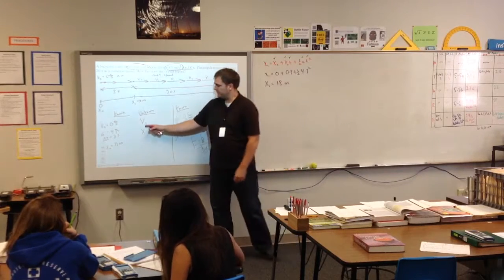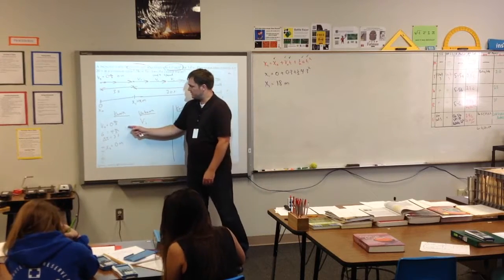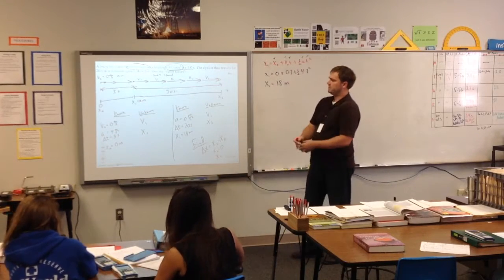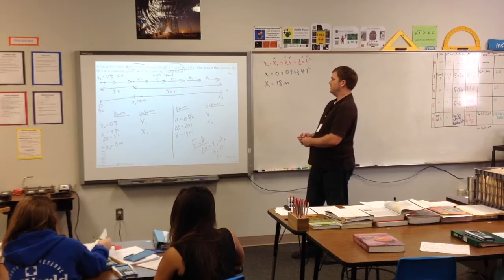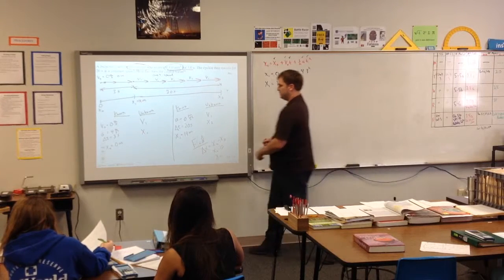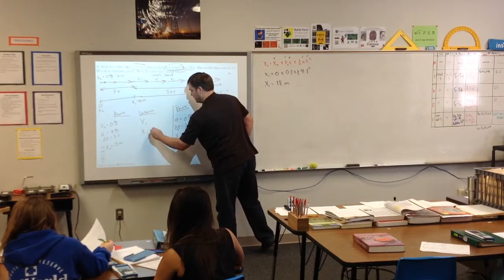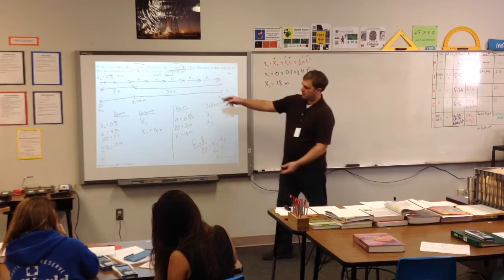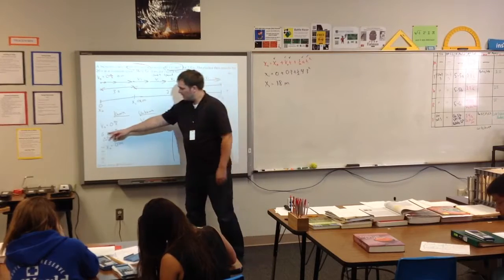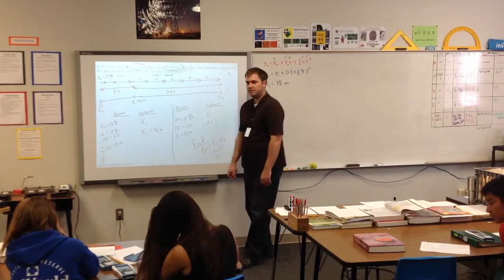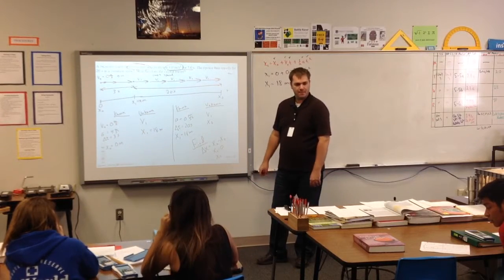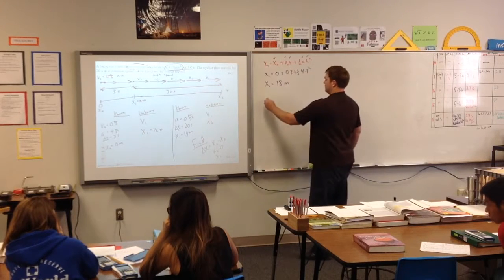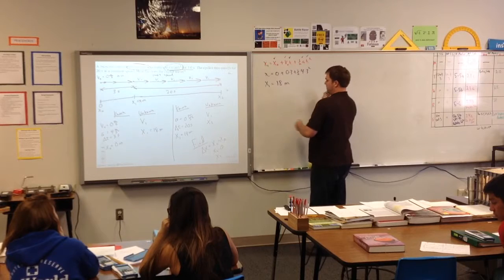So let's go back and see what's the final velocity, maybe another equation that's going to help us out here, dealing with v naught and a and t. Let's see if that works.